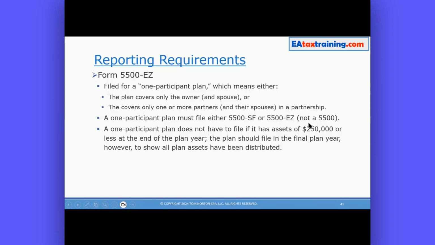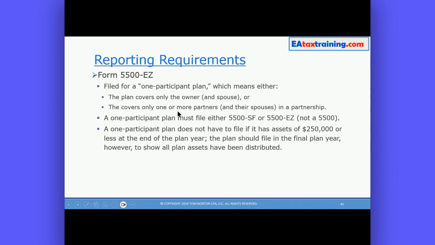They cannot file a 5500. And a one participant plan does not have to file at all if it has assets of $250,000 or less at the end of the plan year. However, they should file in the final plan year to show that all plan assets have been distributed.